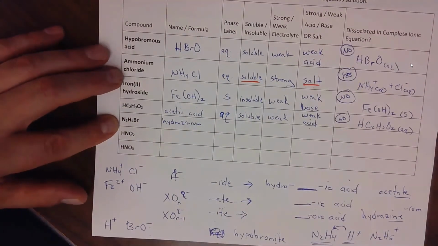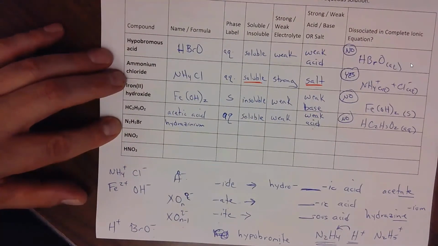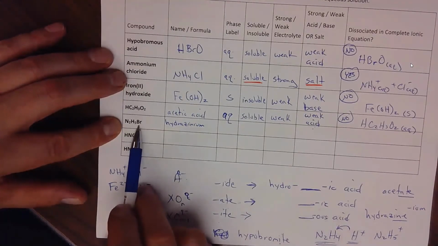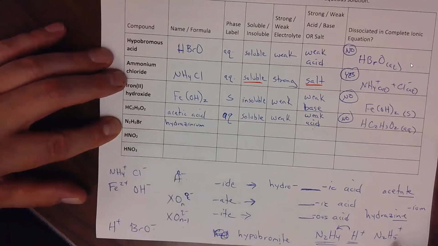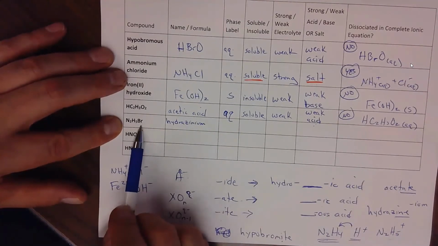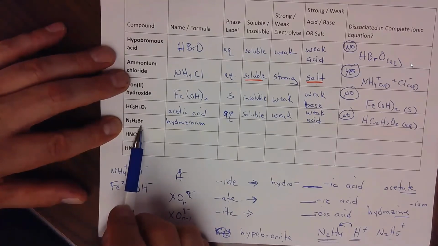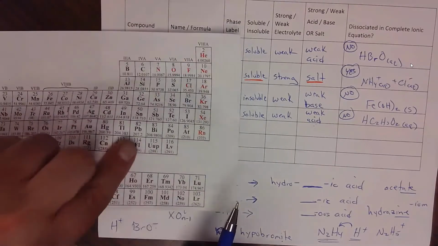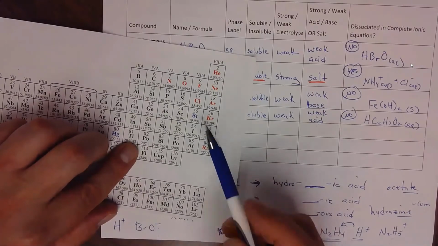And then what's the rest of it? What's the charge on this ion? So if this is a polyatomic ion, what's the charge on this ion? You make it -1. Yeah, right. It's just bromide. It's just group 7, so it's bromide. It's just a -1.